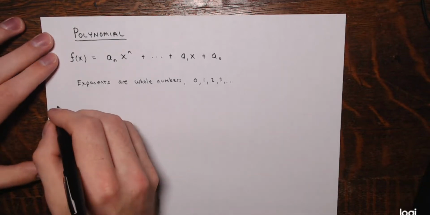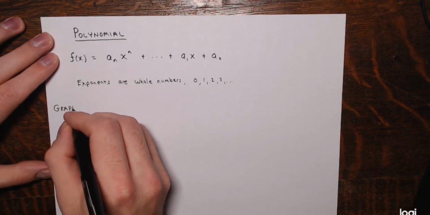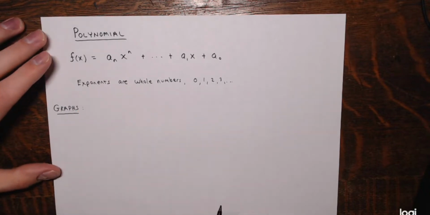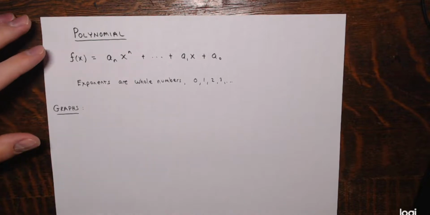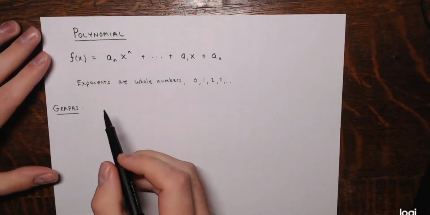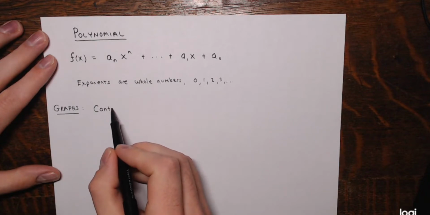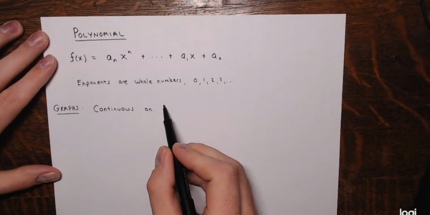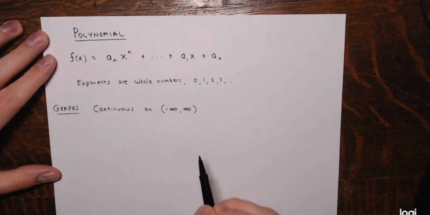Now, for the graphs, you've seen a few graphs of polynomial functions in previous sections. The graphs of polynomial functions are continuous on the entire real number line, so everything from negative infinity to infinity.